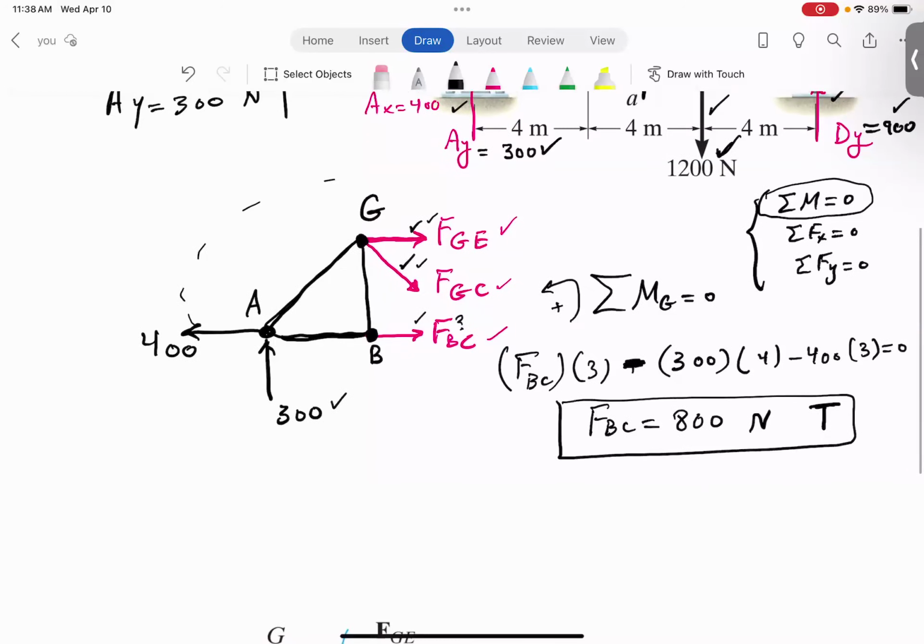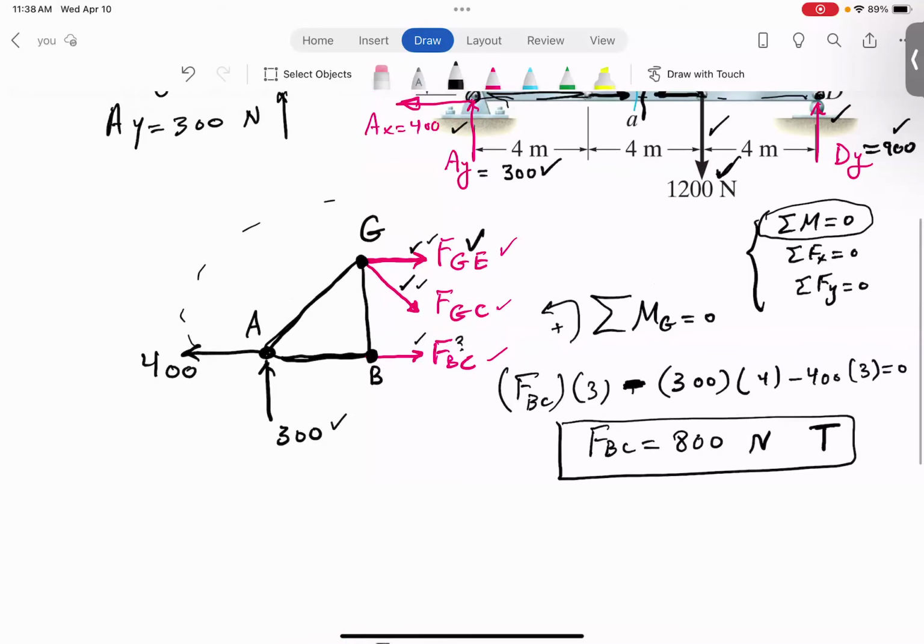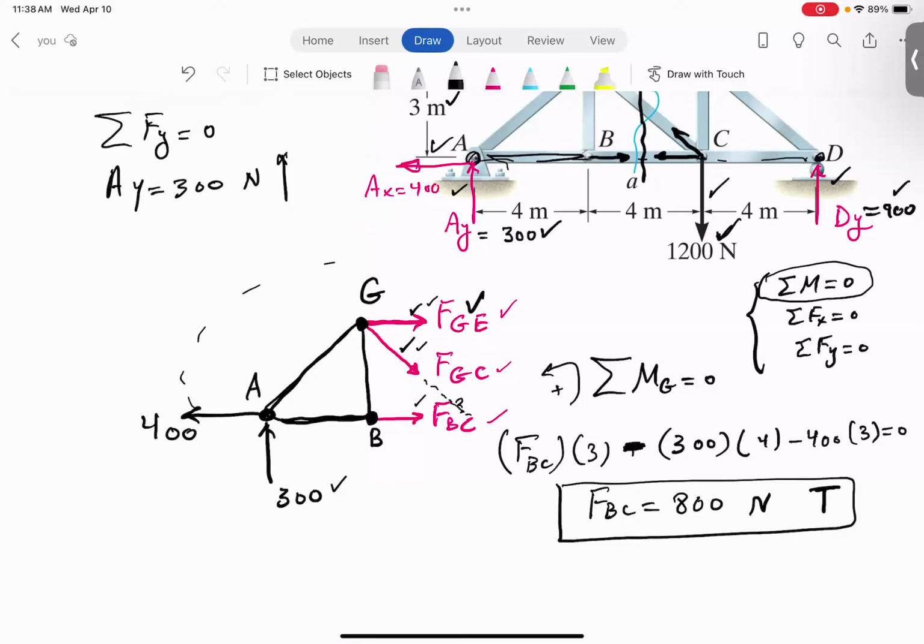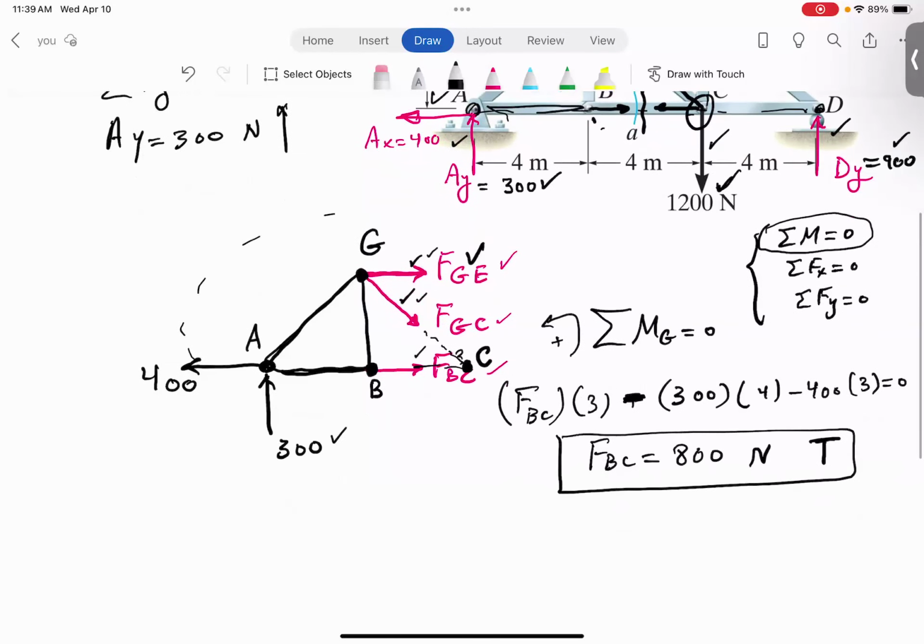All right. So now, what would be a good point to take moment about so that you could find, for example, FGE? See, these 2 guys, they intersect at C. See that? At point C. Take moment about C and equal to 0, then these 2 forces eliminate, and we can find member FGE. So that's FGE times 3.